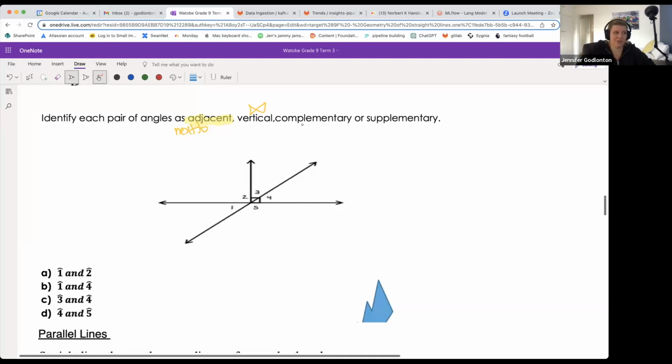What does complementary angles mean? Who can tell me? Oh, so we've got some people saying 90 and we've got some people saying 180. So complementary angles add up to 90 degrees and supplementary angles add up to 180 degrees.